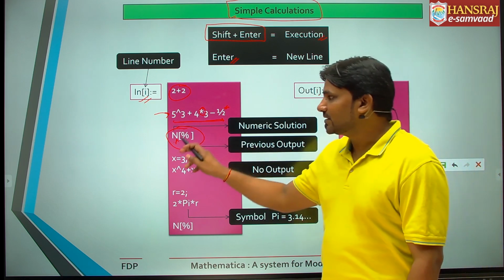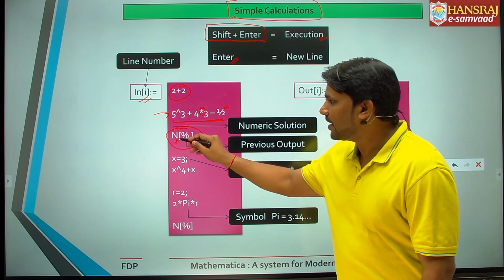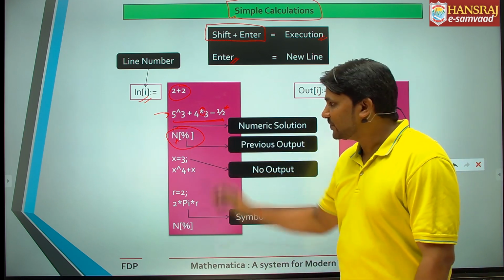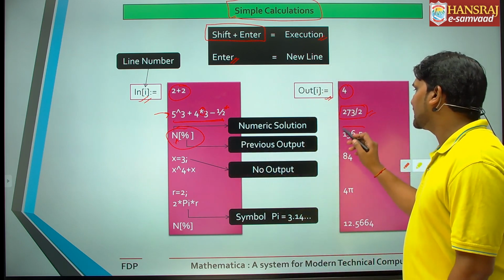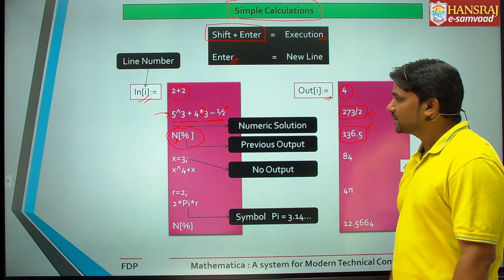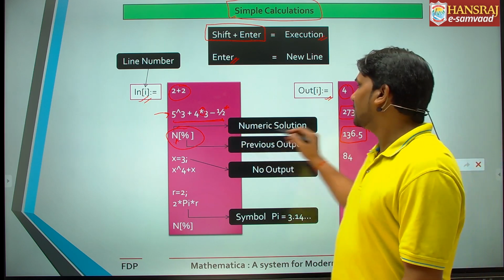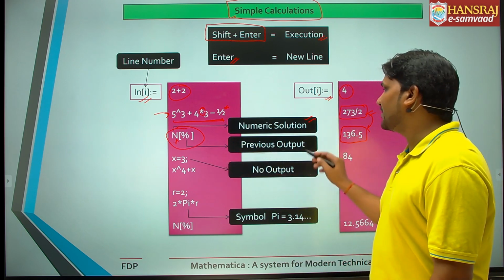So you can use the percent sign for your previous output and put N outside. That percent should be in square brackets, then you will get 136.5, which is the decimal value. So N stands for numerical value, and percent is for the previous output.